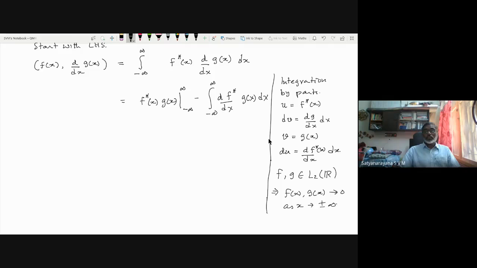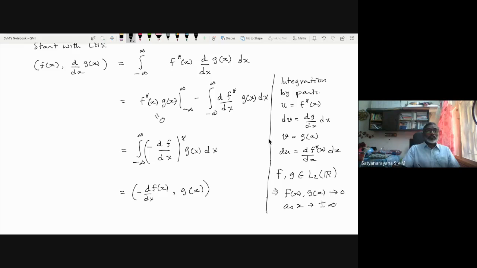They have to be these kinds of well-behaved functions. Because of that, this particular term will vanish, and you can write this as the integral from minus infinity to infinity of minus df by dx, the star, into g of x, which will get translated into minus d by dx operating on f of x comma g of x.